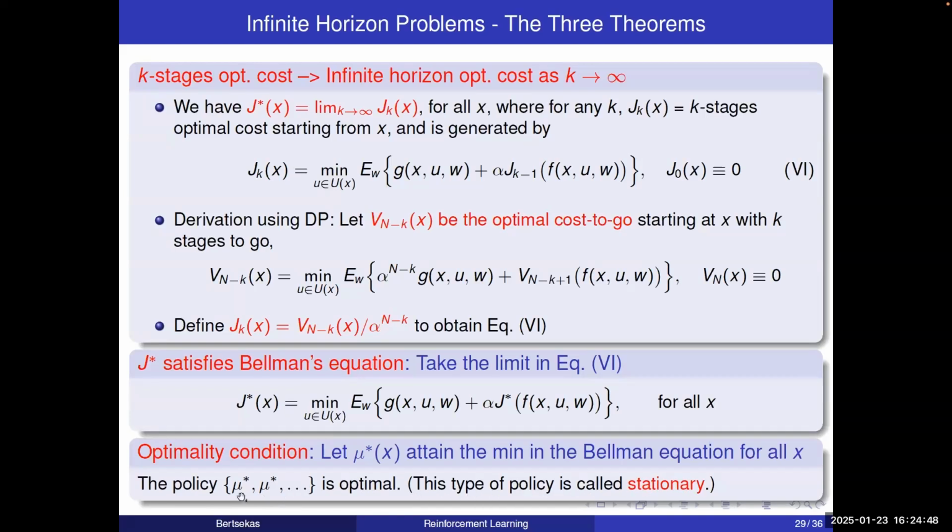So if a policy mu star attains the minimum simultaneously for all x, then this policy, which we call a stationary policy, is optimal. And this is much nicer because we don't need to remember which stage we are in. We only need to see what x is, and we plug it into this function, and we get a control that is optimal.